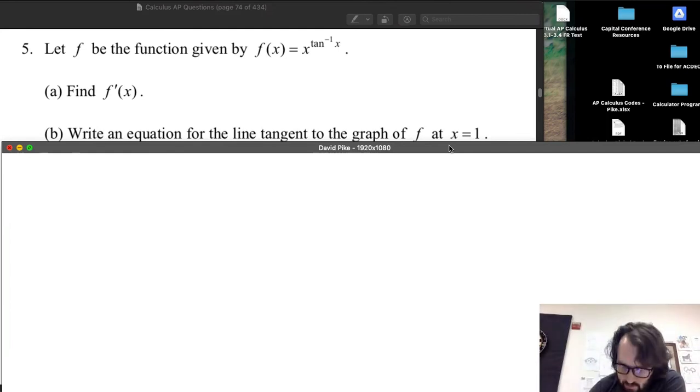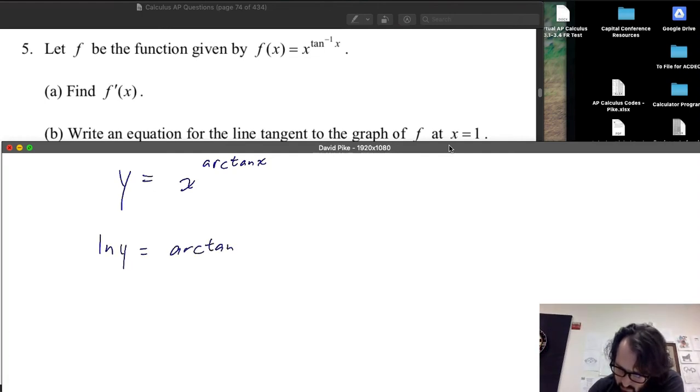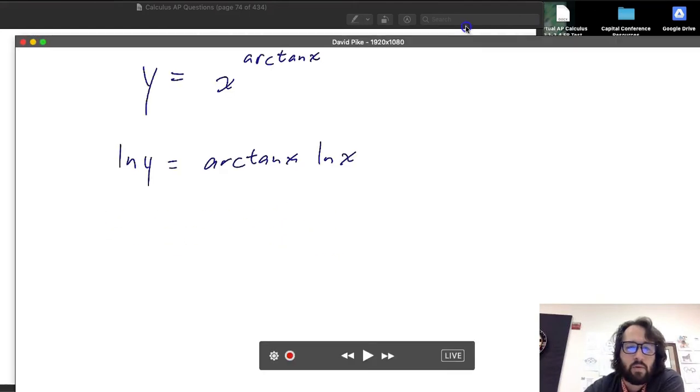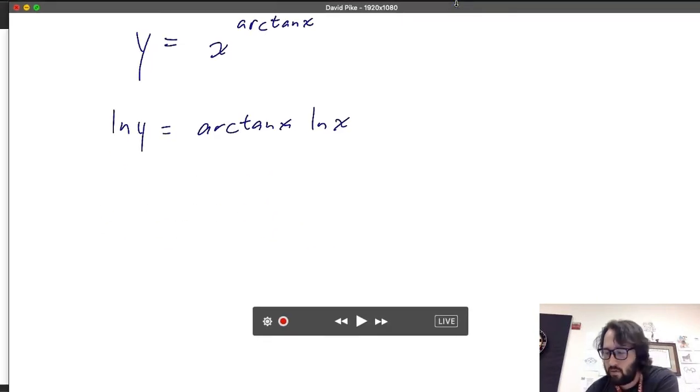So I'm going to do logarithmic differentiation. So y equals x to the, I'm going to call this arc tangent of x. So that I have ln of y equals arc tangent of x ln of x. I'm going to move it up a little bit. All right, we have what we need so far.